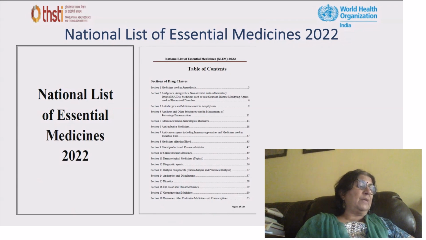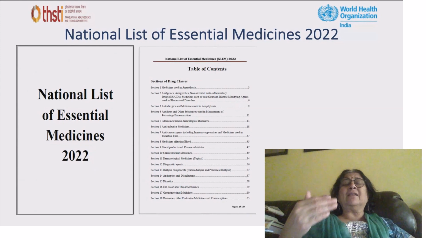Dr. Mansukh Mandaviya, the Union Health Minister, released the revised version on 13th September 2022. The current edition includes a total of 384 drugs, with 34 drugs added, and 26 from the previous list dropped.